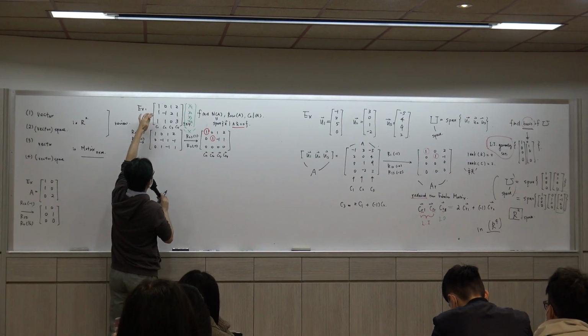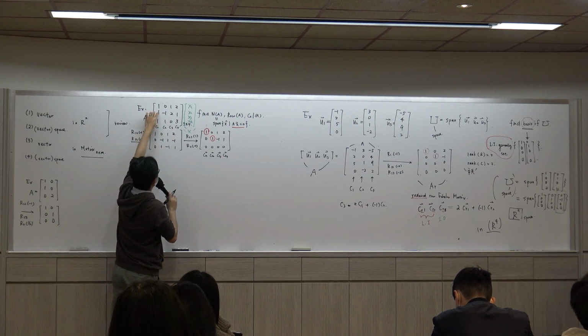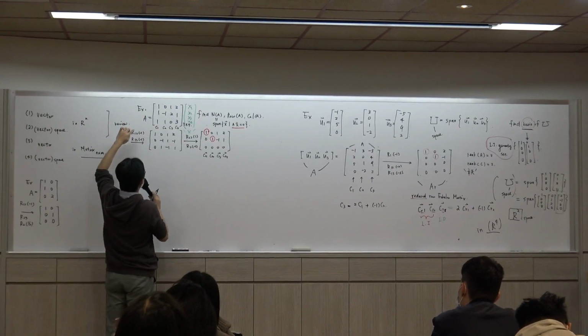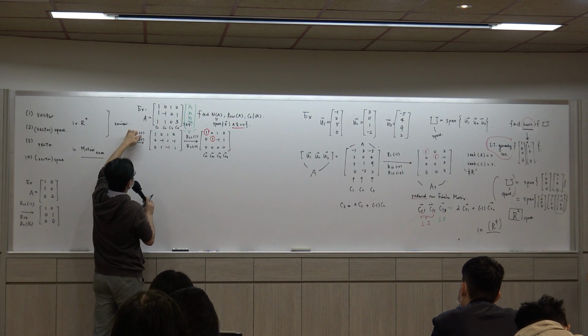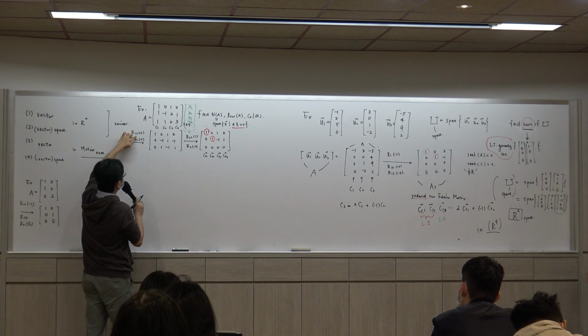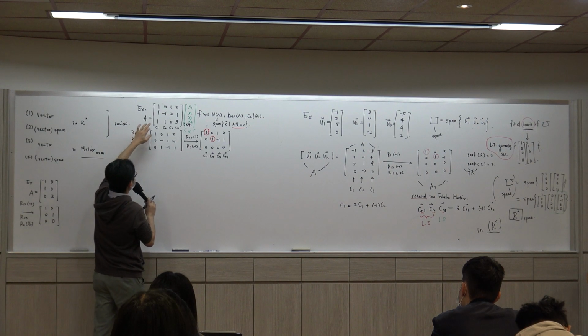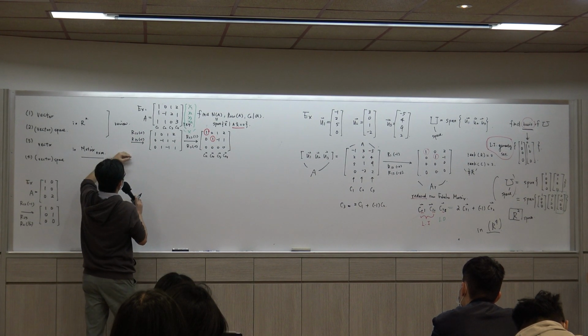For example, in matrix A, the second row has a 1 in the first column, so we can multiply the first row by minus 1 and add it to the second row to create a 0 in the first column.